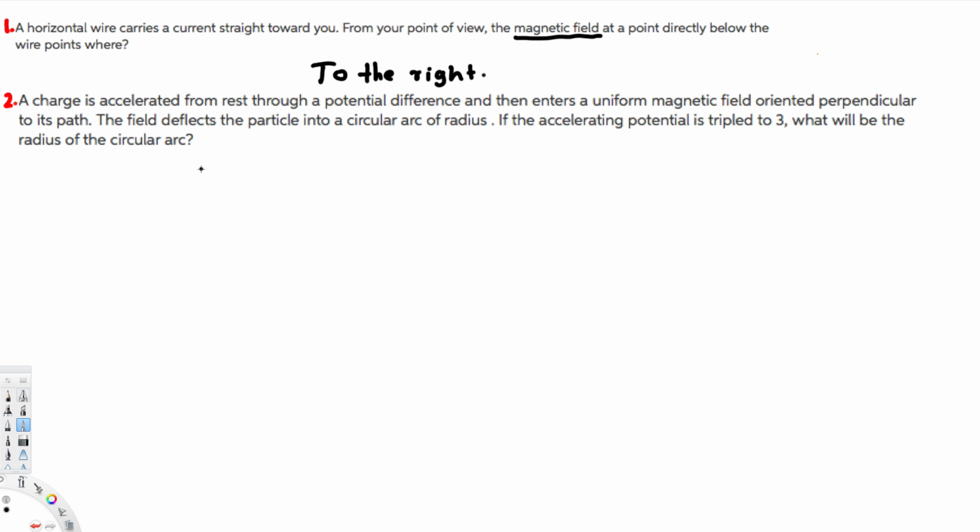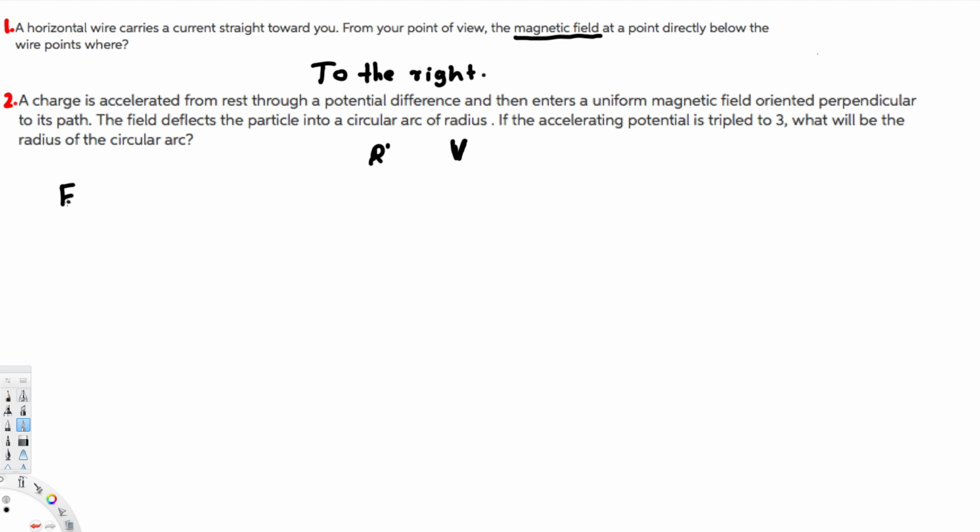So here we have to find the proportionality between the radius and the potential difference, because we want to see what the new radius will be when the potential is tripled. Whenever you have a potential difference in a magnetic field question, you can think about the energy equation.